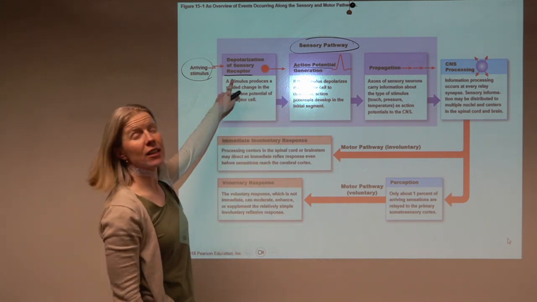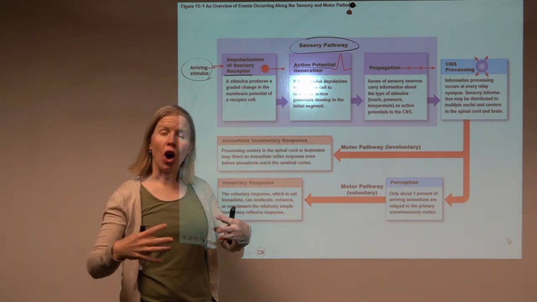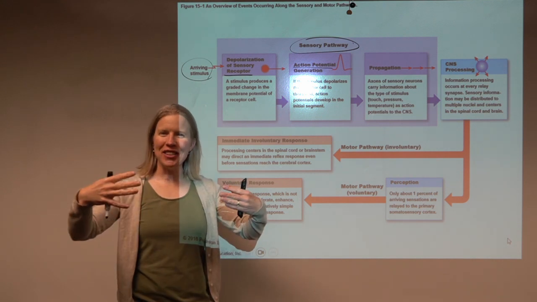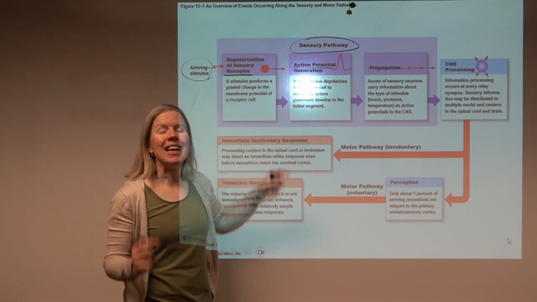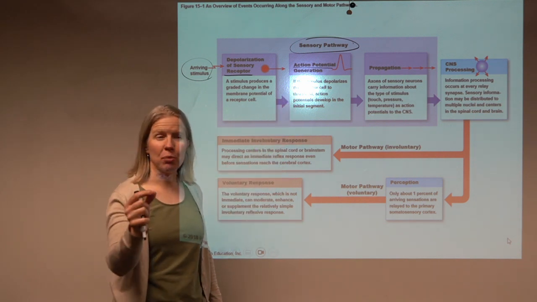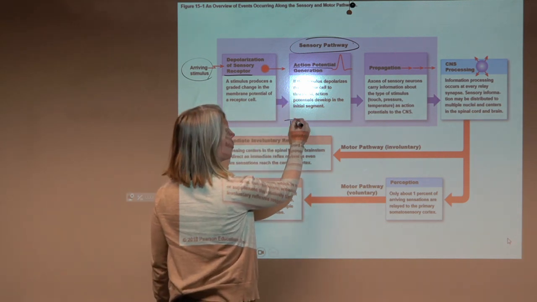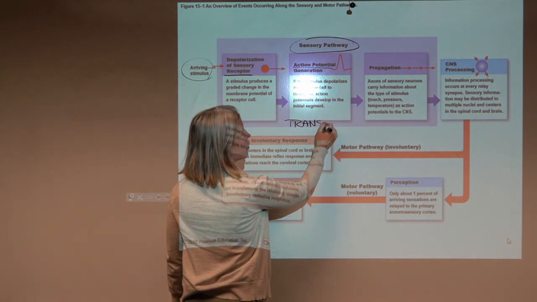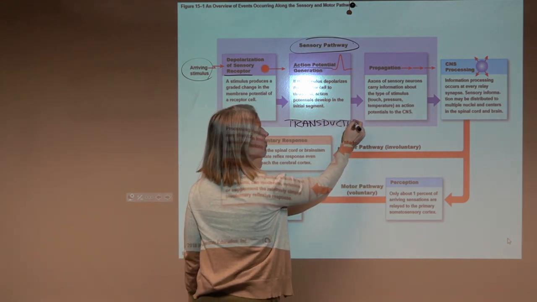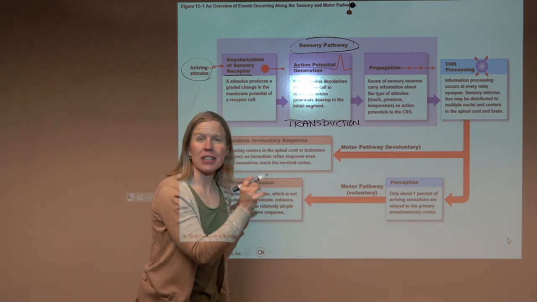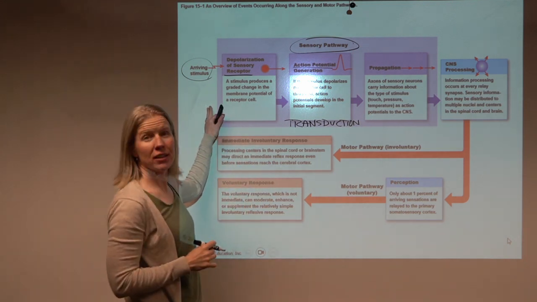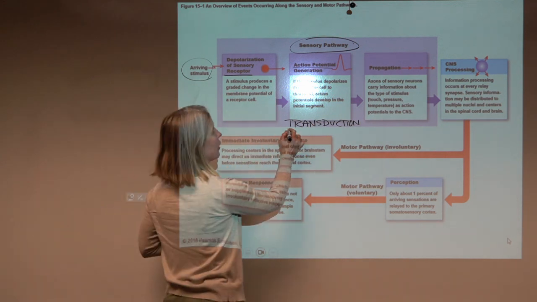So this stimulus has to be strong enough to cause the graded potential on that receptor to actually trigger an action potential. If you don't get an action potential, and they call this step transduction, in case I forget to talk about that later. Transduction is this conversion of the stimulus into an action potential.